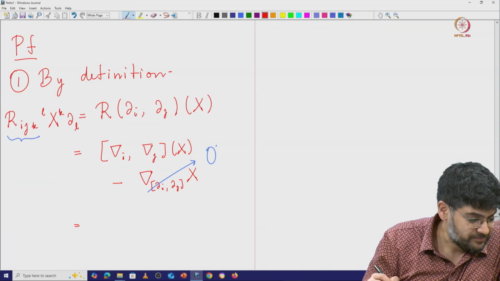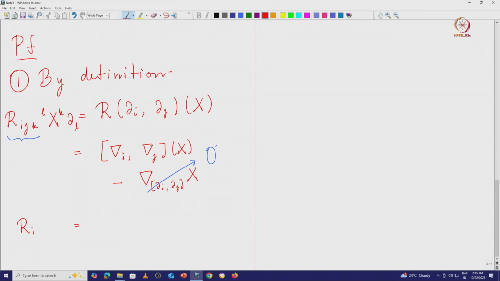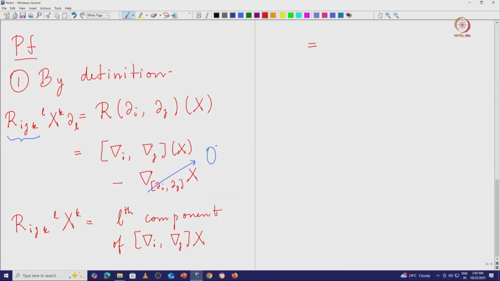So R_ijk^l X^k is precisely the lth component of this commutator, which is our notation for such things.